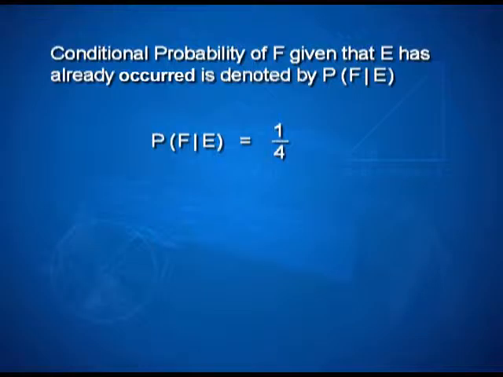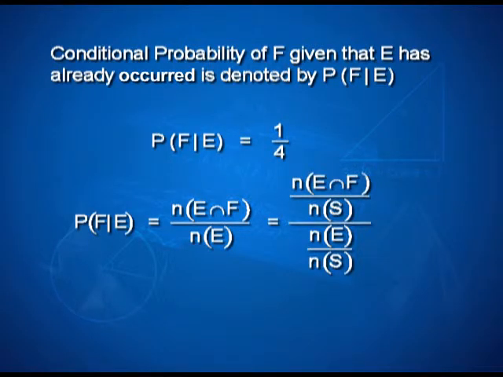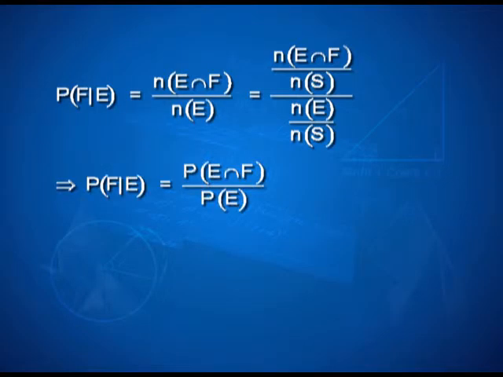So, let us see if there is a relation that can be derived from here. I can rewrite the probability of F given that E has happened as the number of elements in E intersection F divided by the number of elements in the set E. Dividing both the numerator and denominator by the total number of elements in the sample space, I get the numerator same as the probability of E intersection F, that is the probability of E and F happening together, divided by the probability of E. And this gives us a formula for finding the probability of F given that E has occurred.